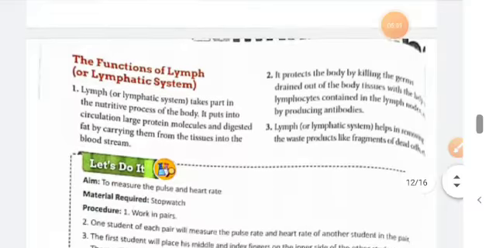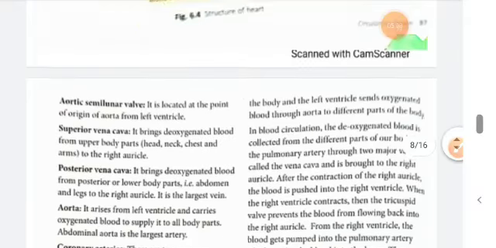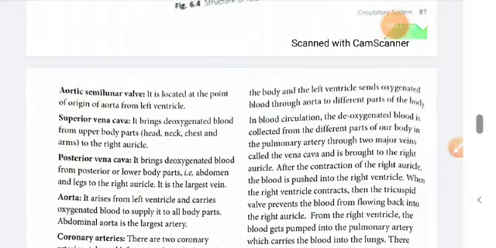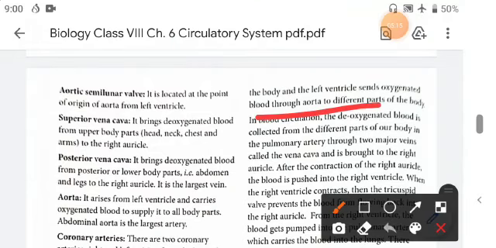Then the left ventricle sends oxygenated blood through the aorta to the different parts of the body.